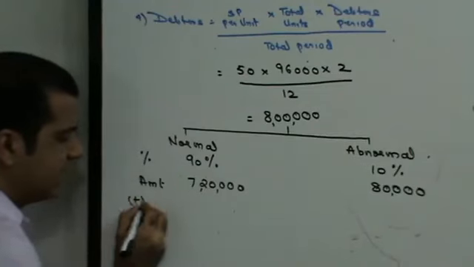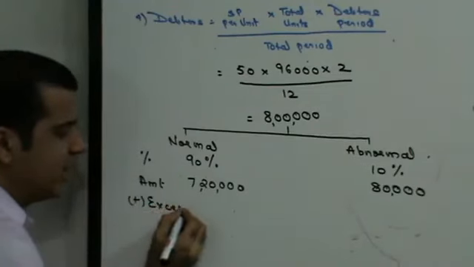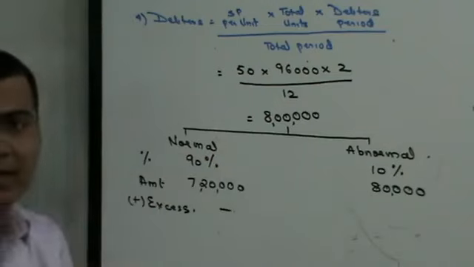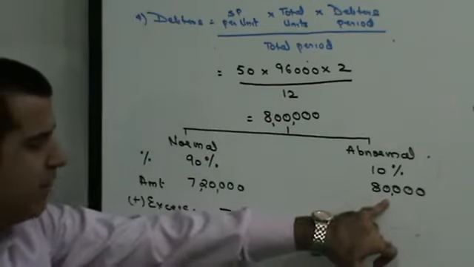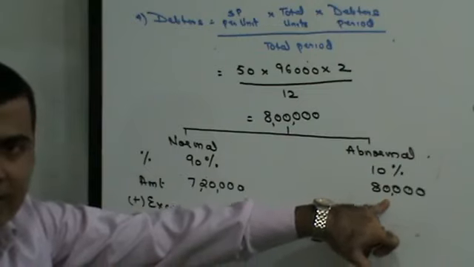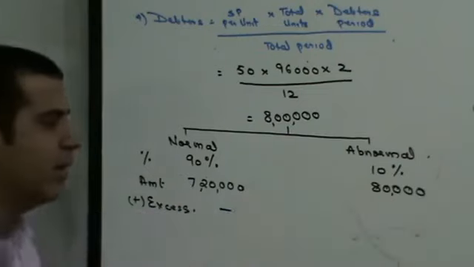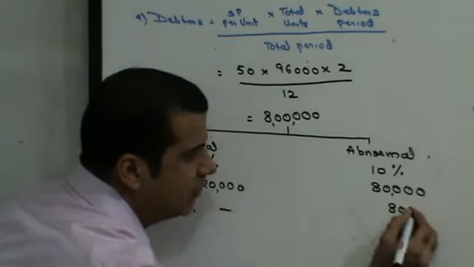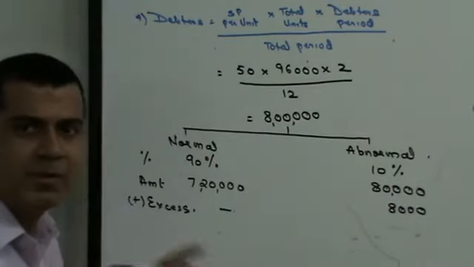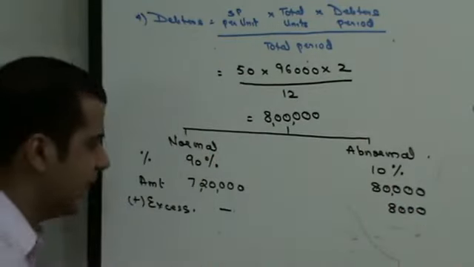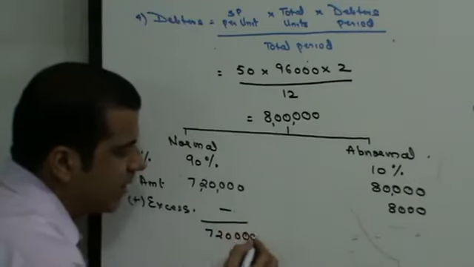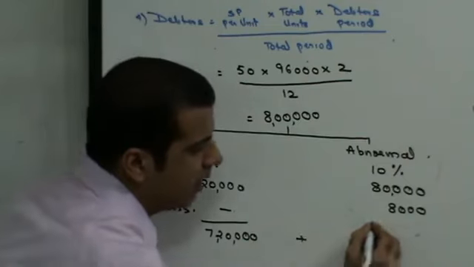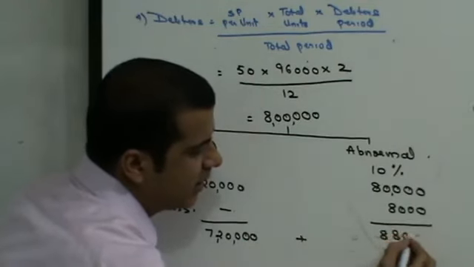How much is the excess charged? They are saying that 10% of the sales is sold at 10% above the normal selling price. We have found the normal selling price to be 80,000. 10% more than 80,000 is 8,000. Thus, my normal sales is 7,20,000 and my abnormal sales is 88,000.